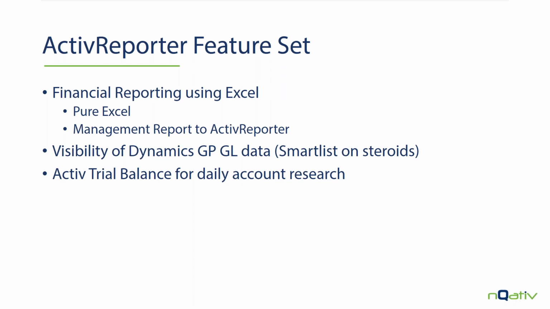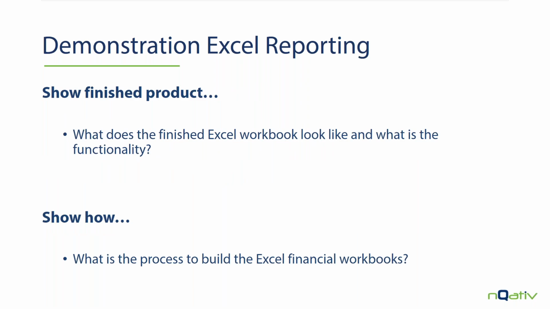Every day, working in your Dynamics GP, you'll want to do account research. Well, all that account research can be done so efficiently in the active trial balance product, and we will show that to you in our presentation. And the feature that's most interesting in our product is that it is very, very fast. And you will see that.